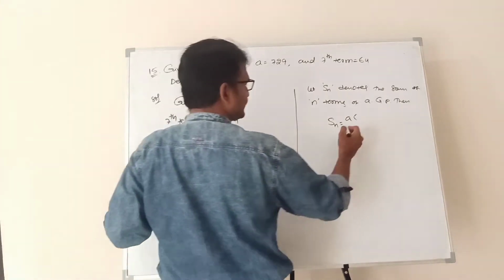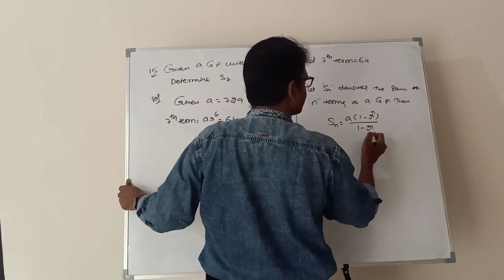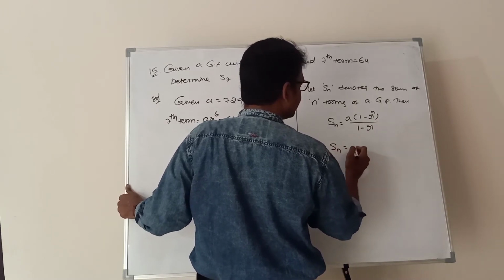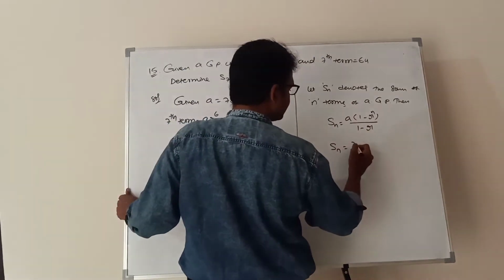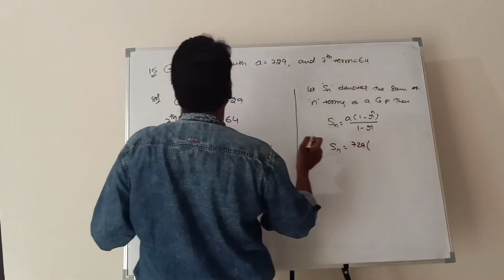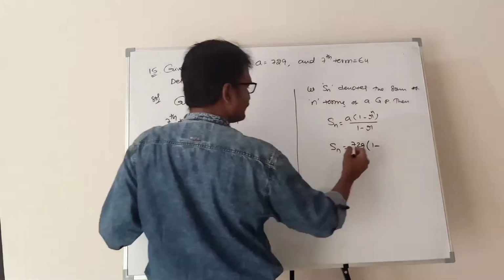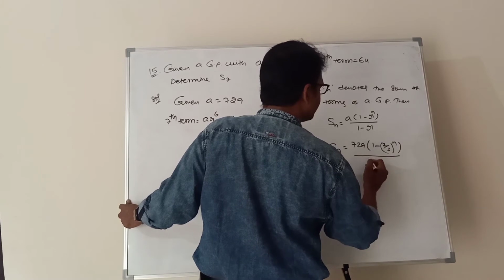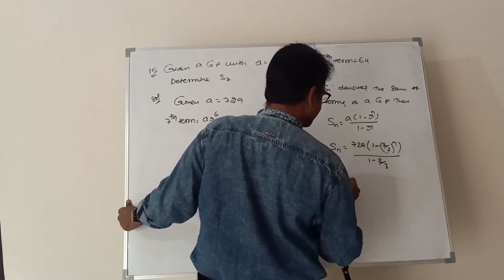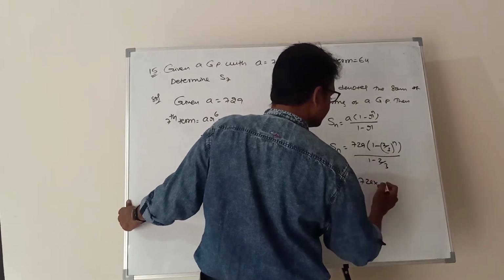Less than 1 means the formula is 1 minus r power n by 1 minus r. So Sn is equal to a, the a value 729, into 1 minus r power n, the r value 2 by 3, 2 by 3 whole power n, by 1 minus 2 by 3. So Sn is equal to 729 into 3.